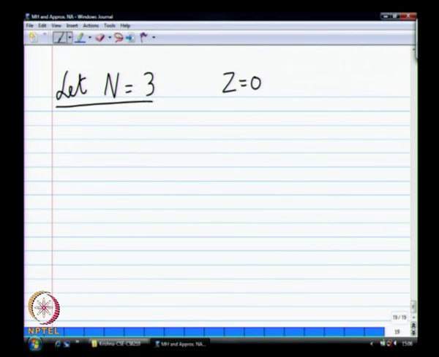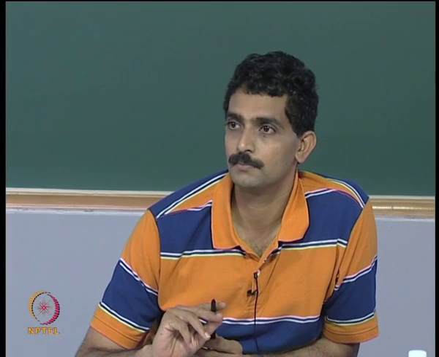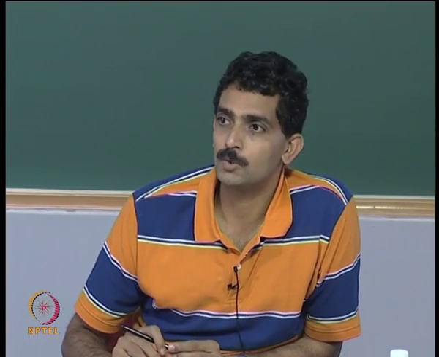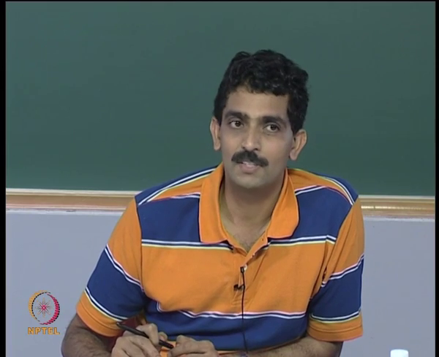So now I can enumerate. If I want to find out the probability, what are the different ways in which these 3 jobs can be distributed among these 3 queues? What are the total combinations for this n?